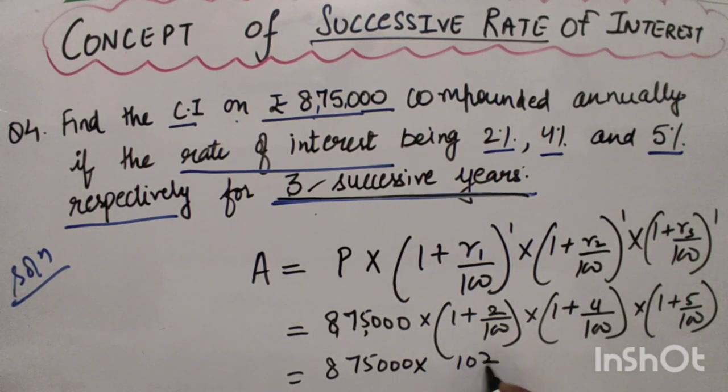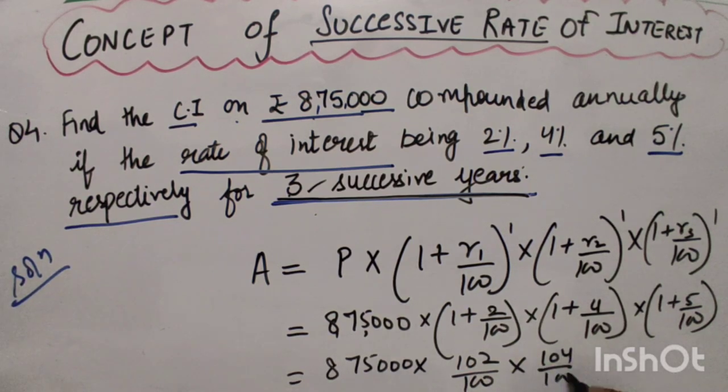So it becomes 102 by 100, 104 by 100 and 105 by 100. Now we are going to cancel 3 zeros, so we are left with 1000 in the denominator, which we are not going to cut right now. Simply we will multiply 875 into 102 into 104 and into 105. So let's see what the answer will be.